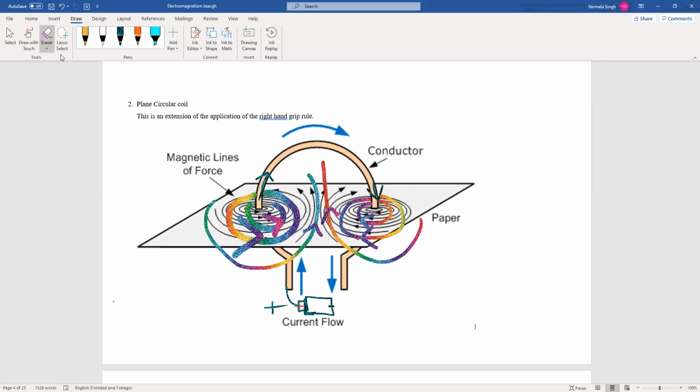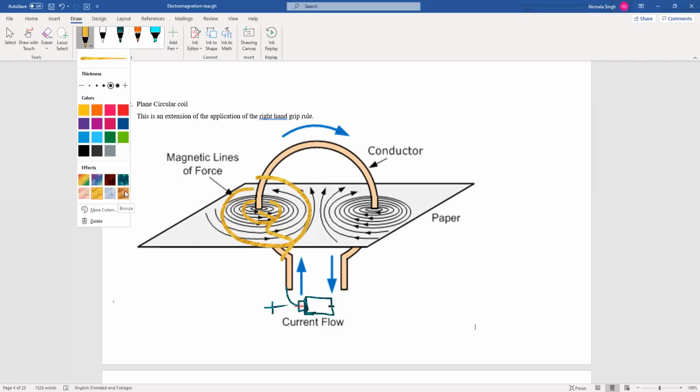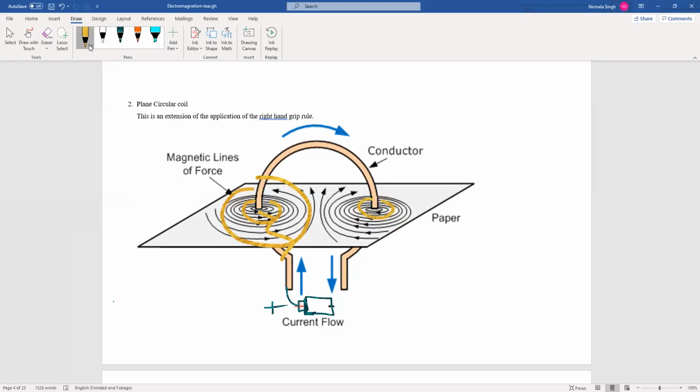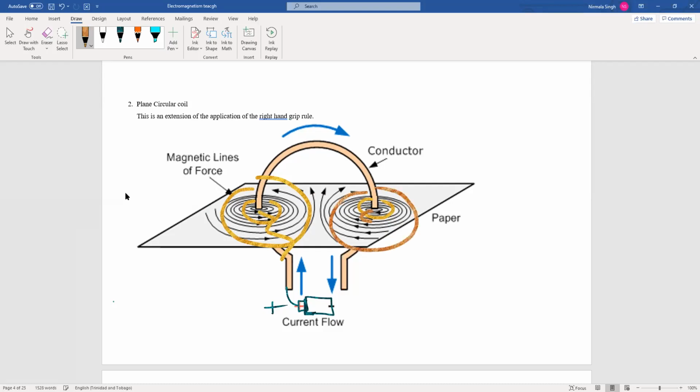So with one single coil here, let's erase this and see if we can see it simply. Here I'm going to have my anti-clockwise motion. Then my clockwise motion is going to be flowing in the opposite direction.